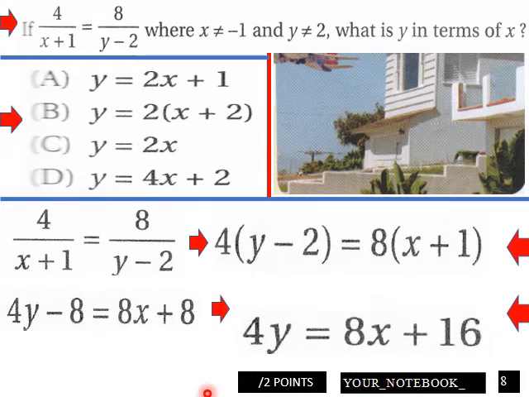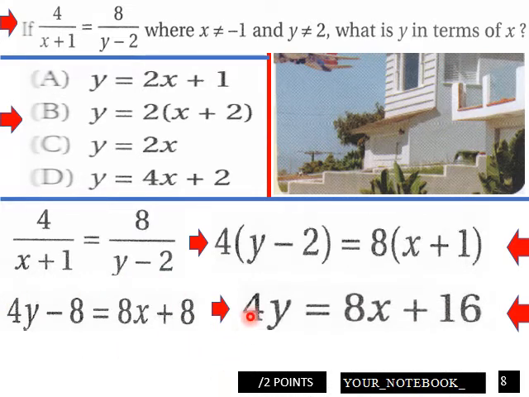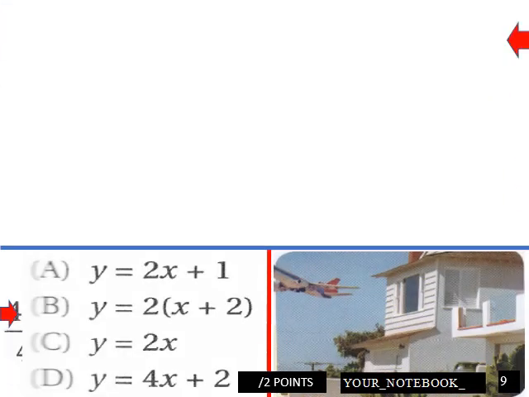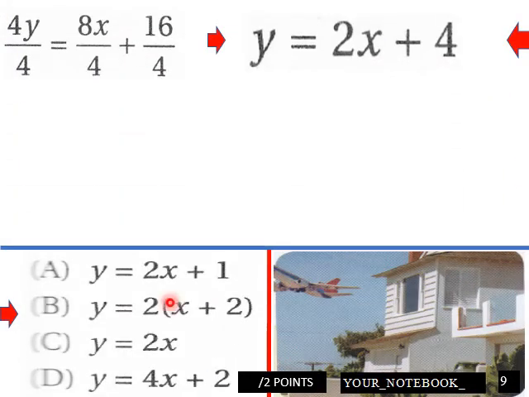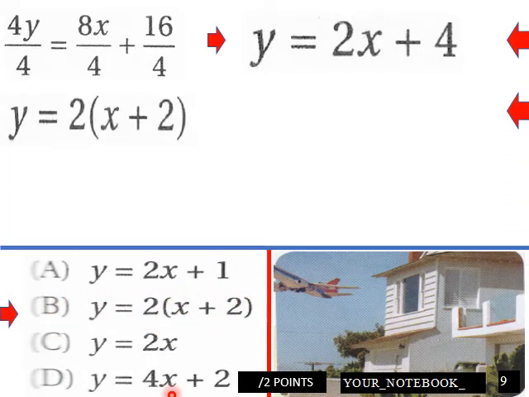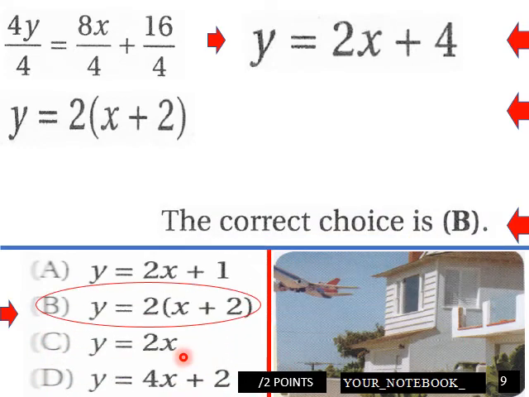Then we come up with this, and then we solve in terms of y. 4y equals that, divided through by 4, we get y equals 2x plus 4, which would be this here. So it would be B for that one.